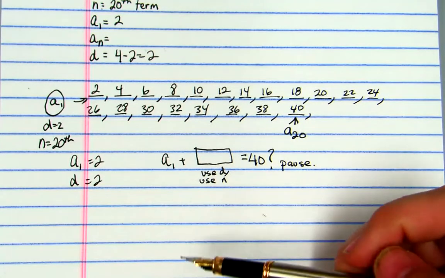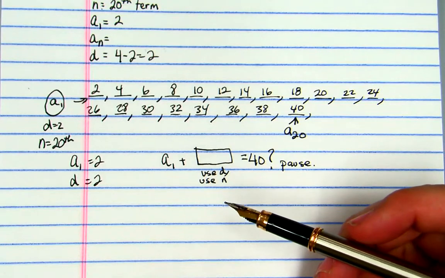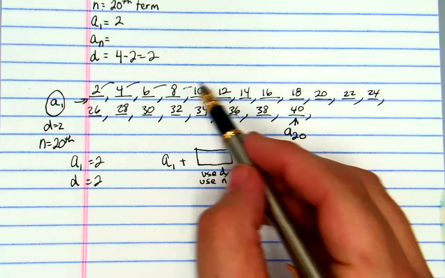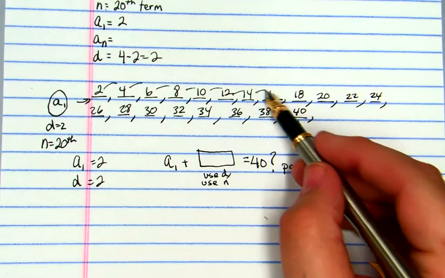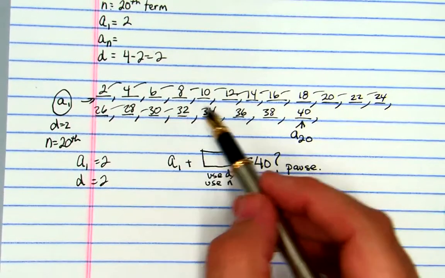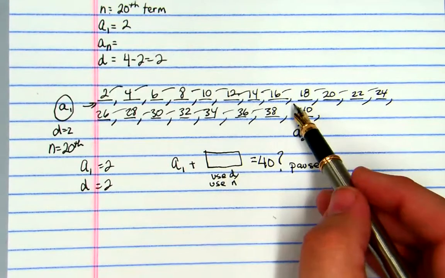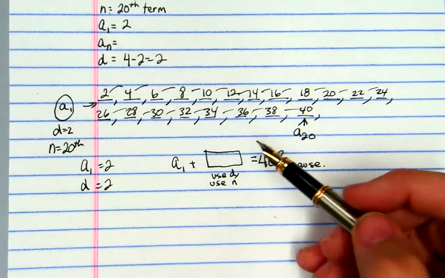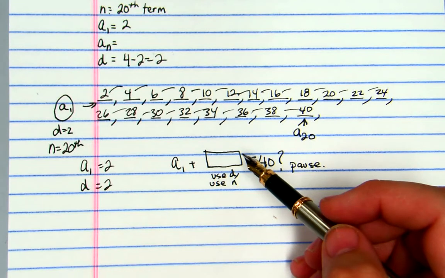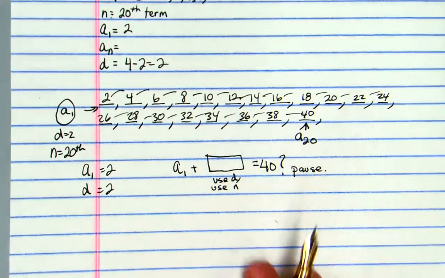Now let me ask you this. How many times did we add 2? 1, 2, 3, 4, 5, 6, 7, 8, 9, 10, 11, 12, 13, 14, 15, 16, 17, 18. I added 2 18 times to get from a sub 1 to a sub 20.